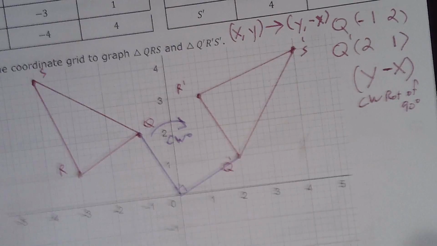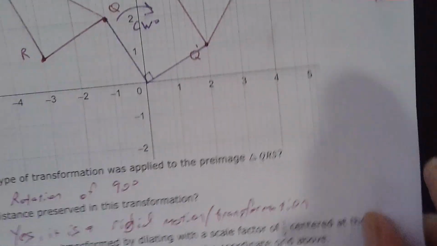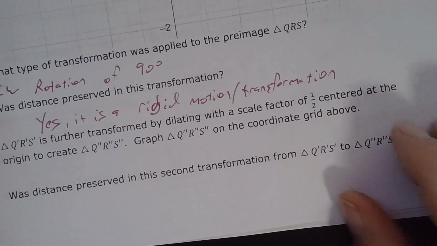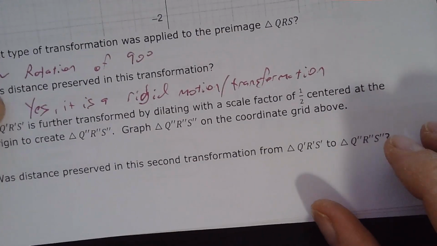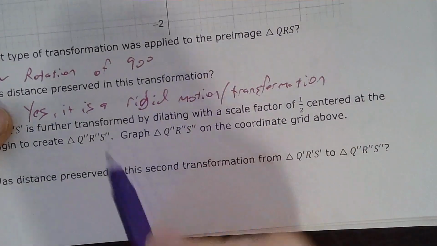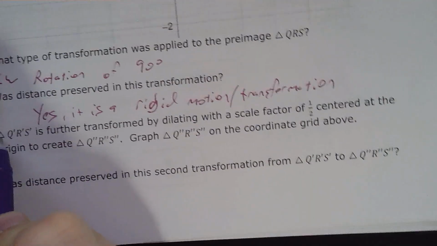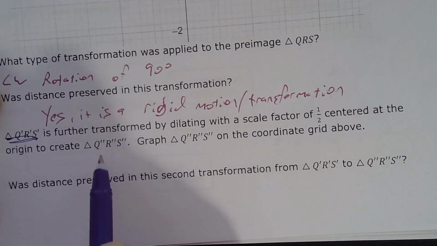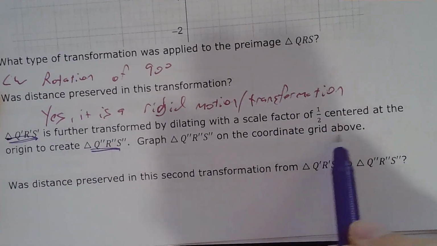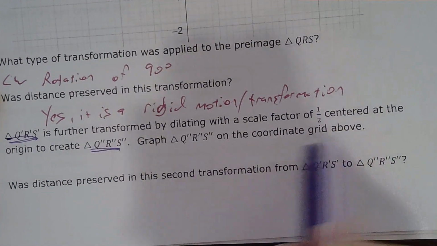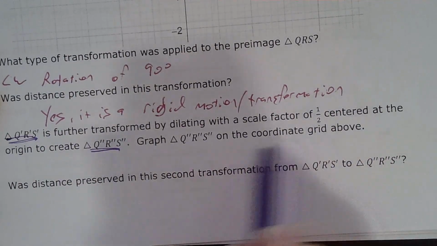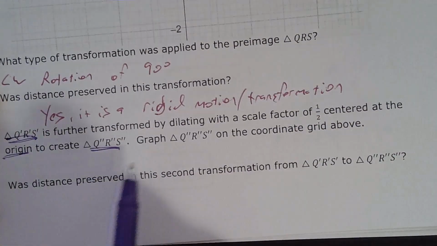So now our next thing is we're going to put a scale factor from our primes. It's going to go from prime to double prime. And our point of dilation is the origin.